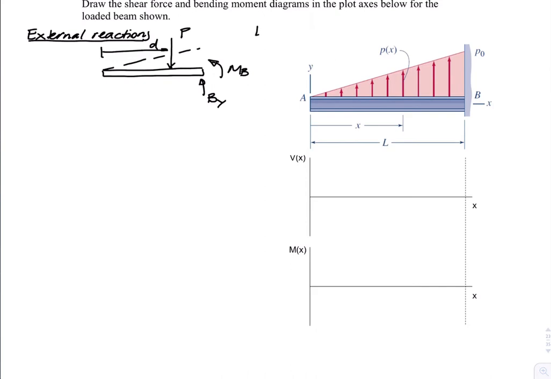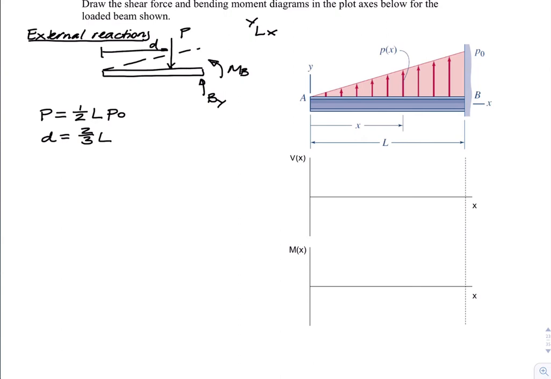I'm going to put X to the right and Y up. I'm also going to recognize here that P is equal to the area under that curve, which is 1/2 the base times the height. And we know that D is going to be at 2/3 of the distance over the length of the beam.